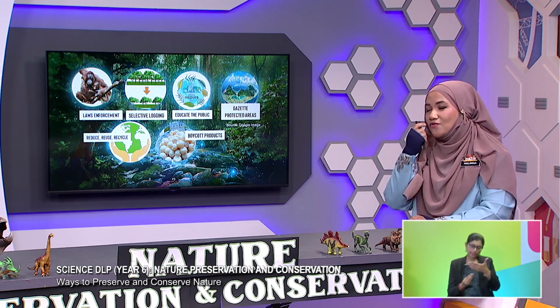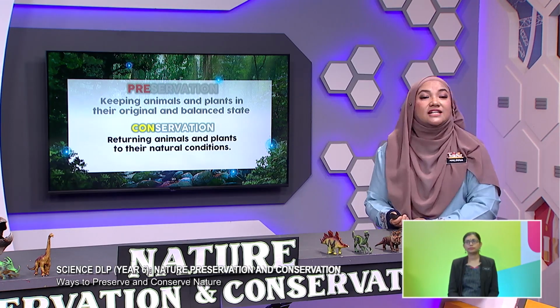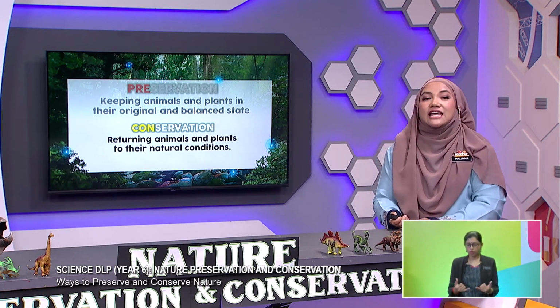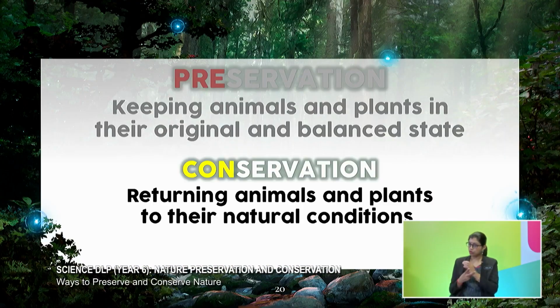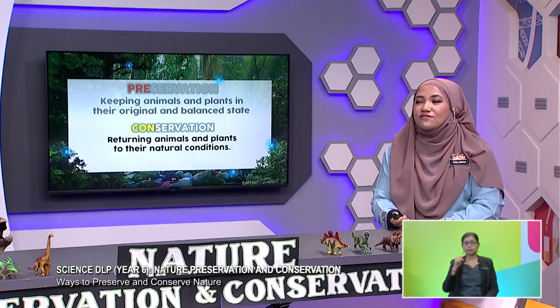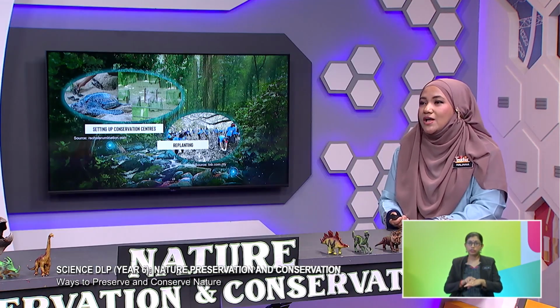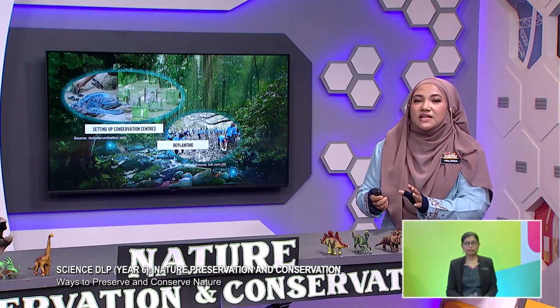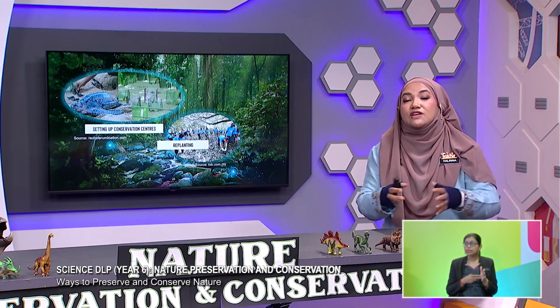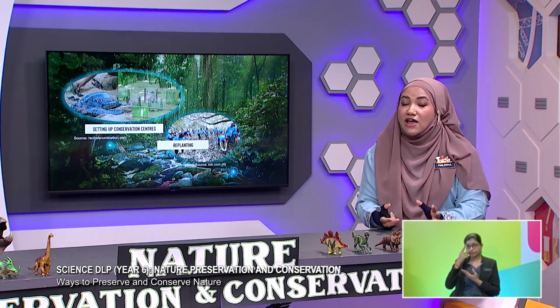Okay, now let's move on to conservation. Conservation is returning animals and plants to their natural conditions. Okay, conservation is a bit different from preservation. I'm going to show you how. Conservation means maybe these animals live in a place that is not conducive anymore.